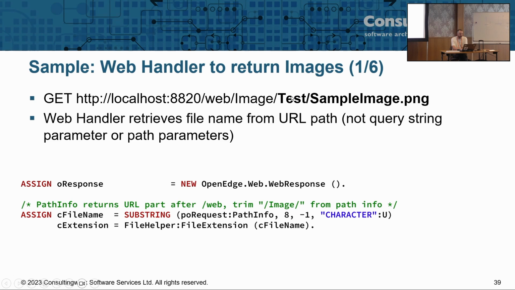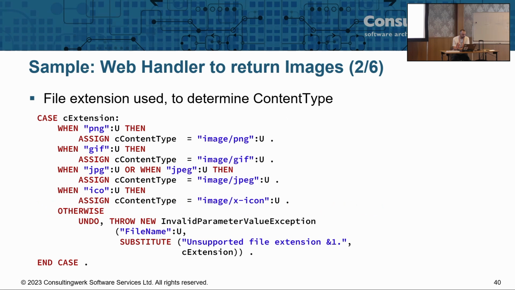No, test is part of the path. So test says sample image is the image that will be retrieved by this web handler. So below here we see the response, and we see that we get from the file name the image.